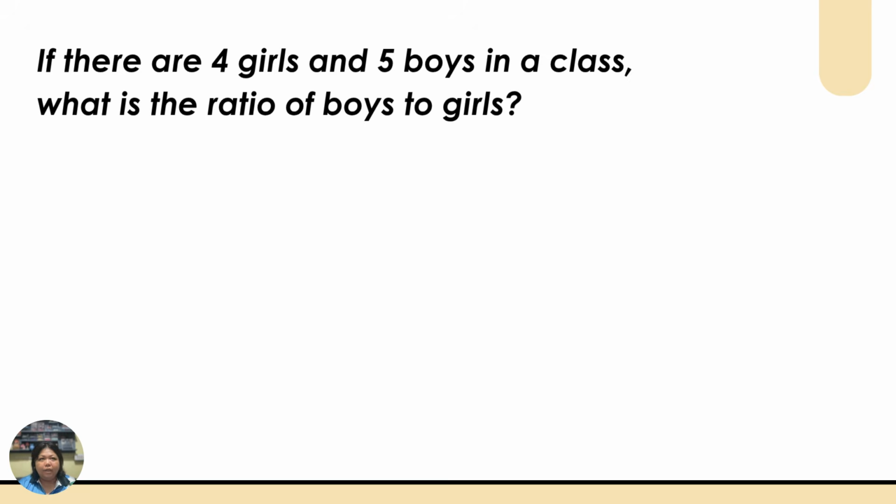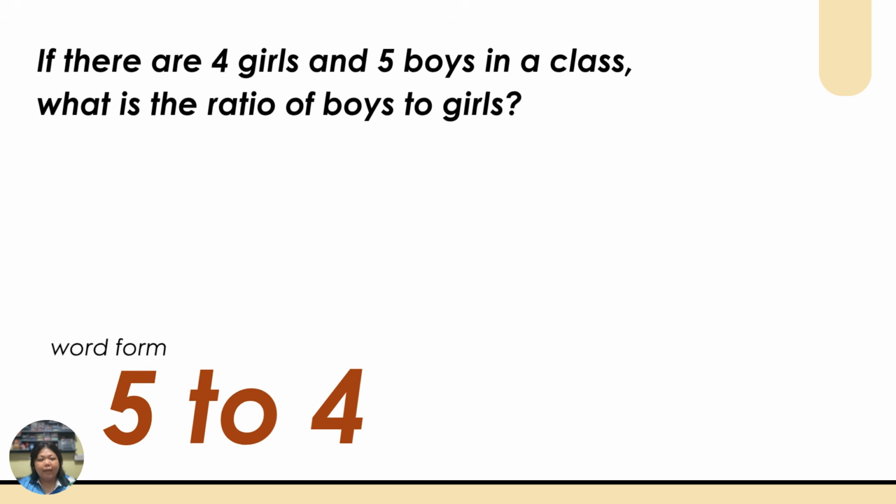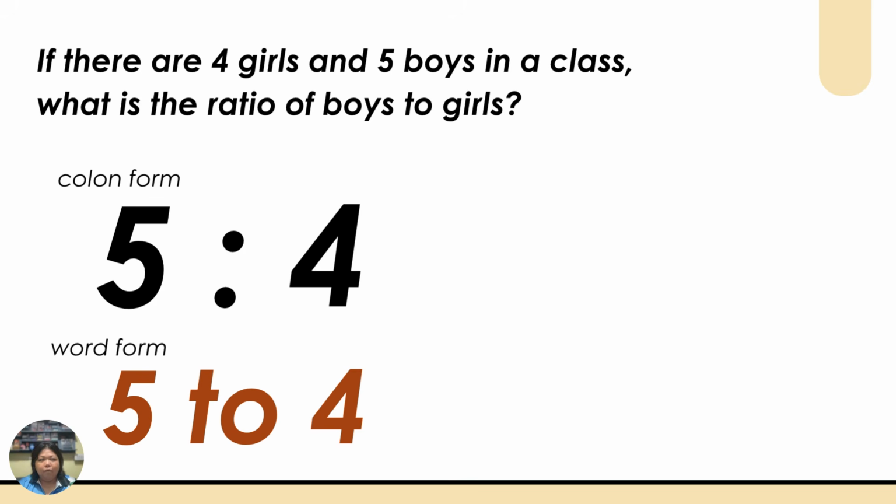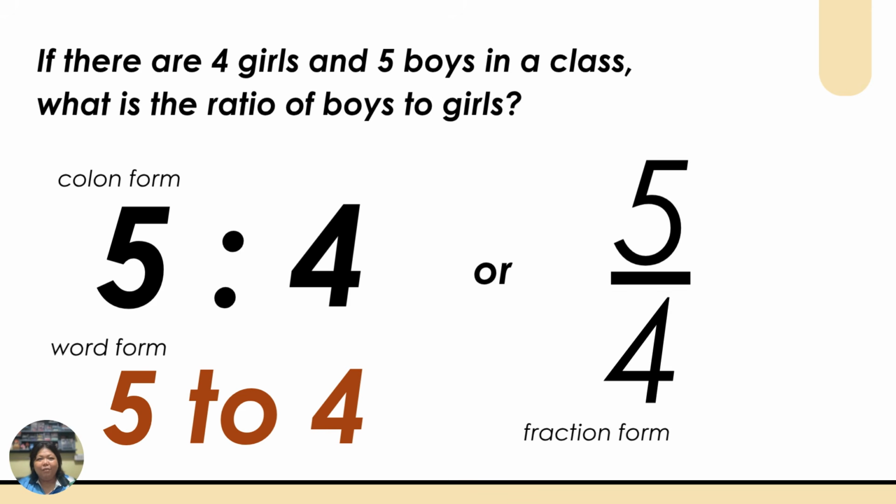So the ratio is 5 to 4 if we are going to write it in word form. In colon form, it's 5 colon 4. And in fraction, it is 5 over 4. Very good. Good job.